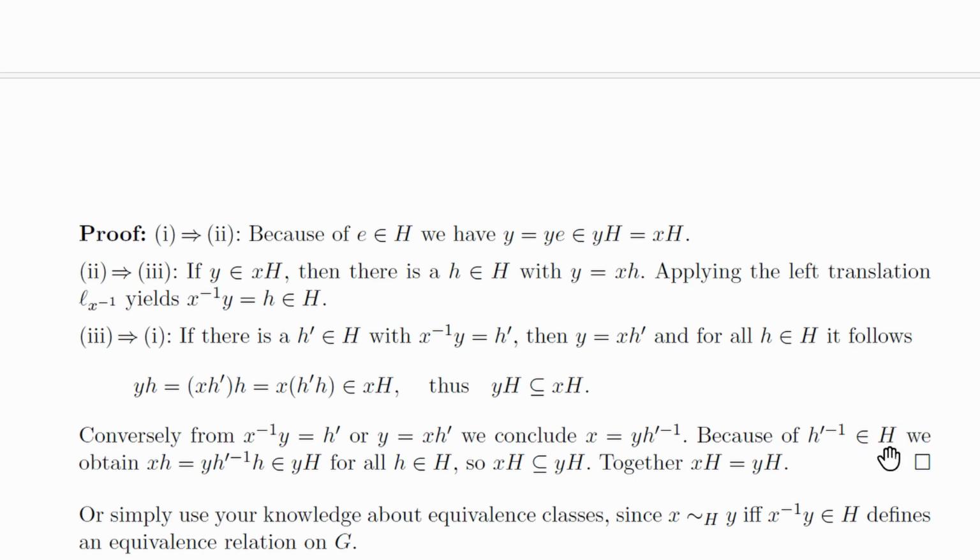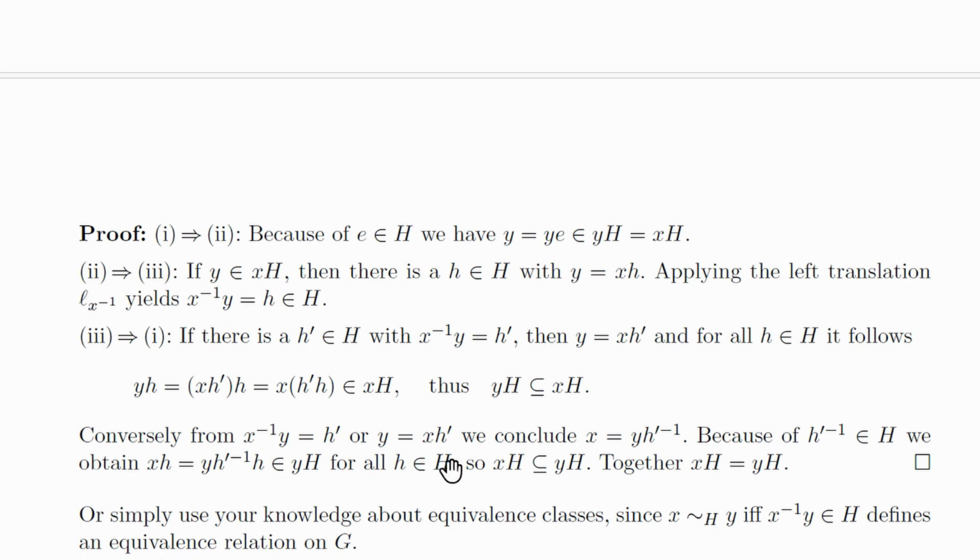Now again, because H is a subgroup, h prime inverse also lies in H. And then if I multiply from the right with h, I end up with that. And by the same argument as above, this here is an element of the subgroup H. xh lies in yH for arbitrary h in capital H. So this shows the other inclusion. And together we conclude that both cosets are the same.